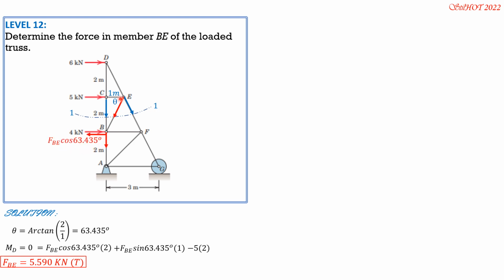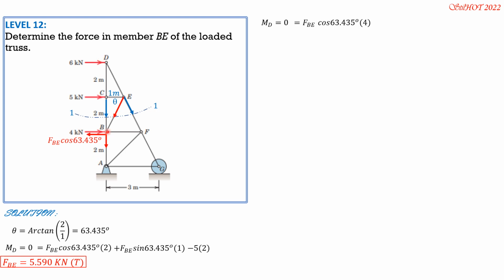If we use this method, then the solution would be shorter. So still clockwise positive, moment D equals 0. So FBE cosine 63.435 times 4, 2 plus 2, minus 5 times 2.